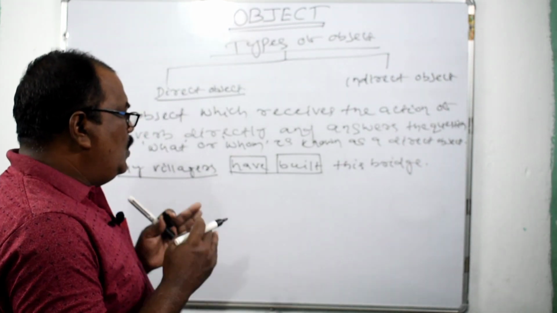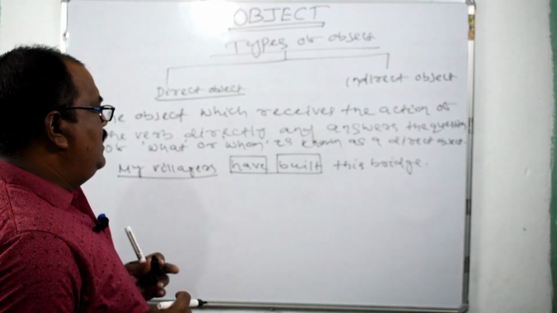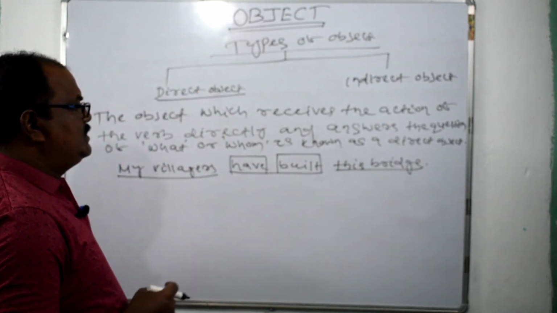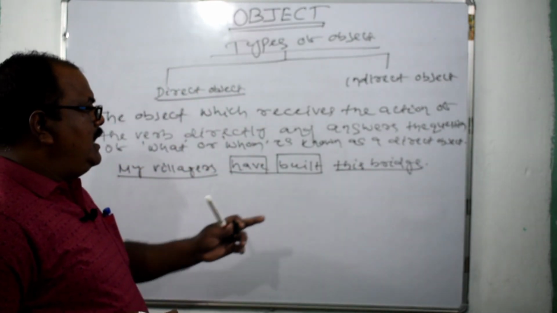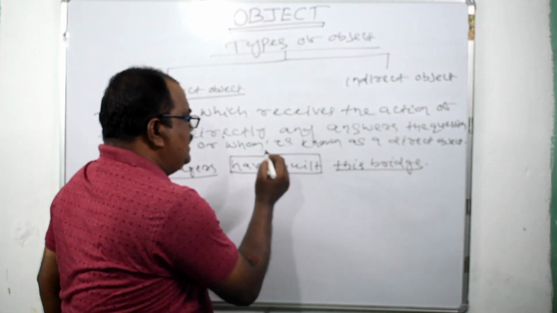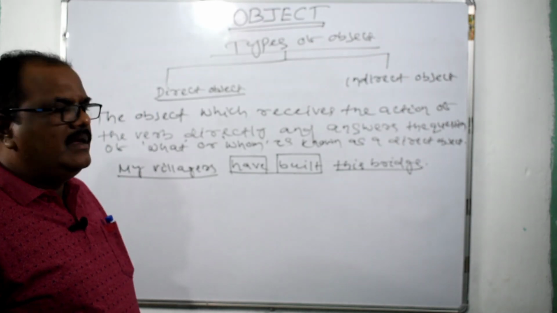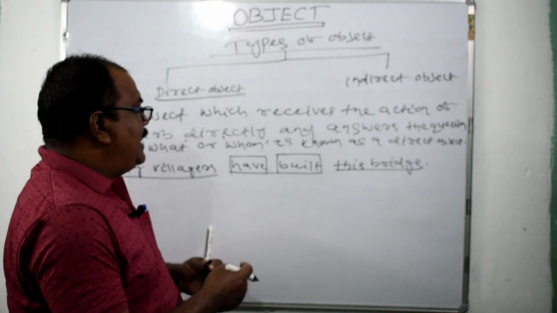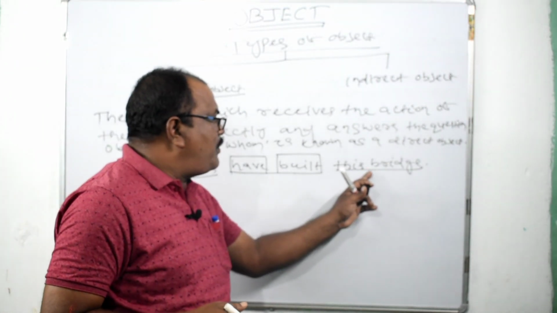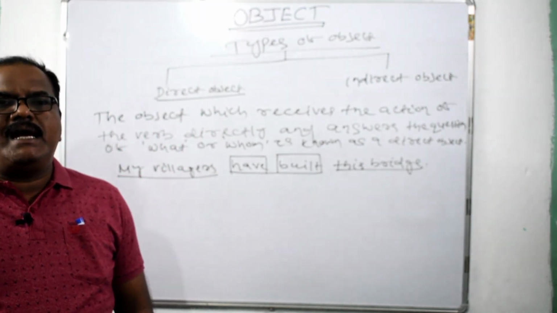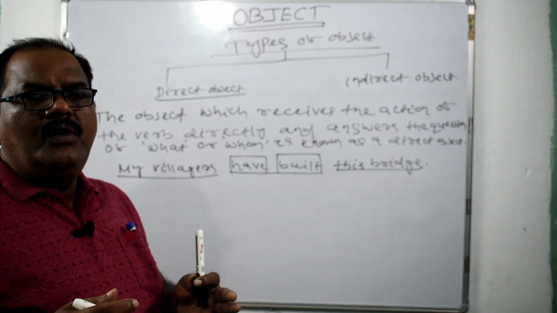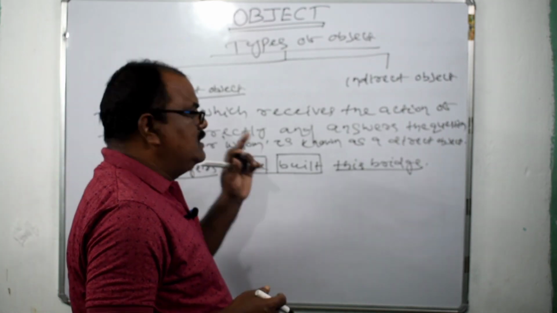Now look at the sentence. This part of the sentence, this bridge, actually receives the action of the verb built directly. And in another way, we can prove that this part of the sentence is the direct object. So, we have to question the verb built.